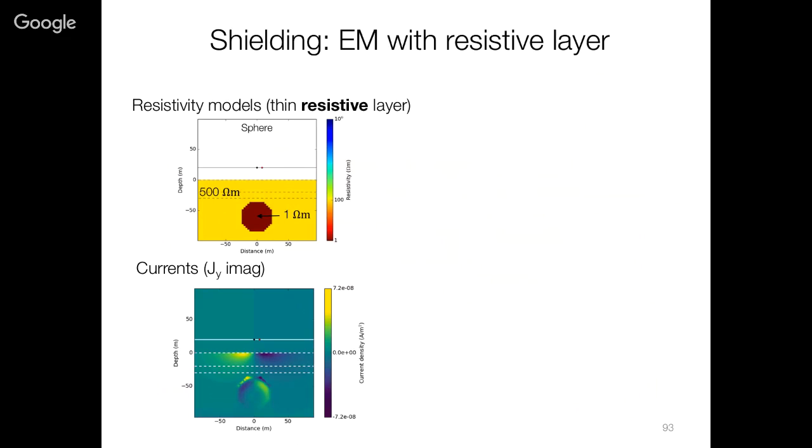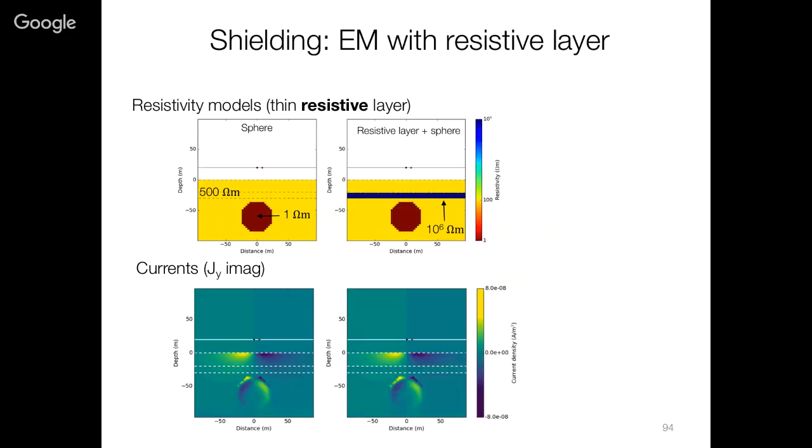So there's nothing really that's happening, and our sphere underneath is illuminated. So that's perfect. So the resistive layer just doesn't hamper us.